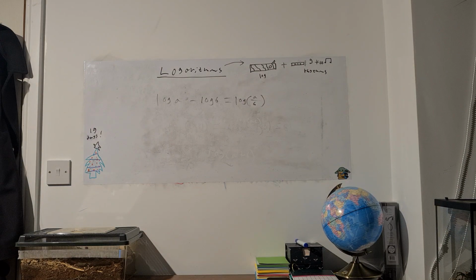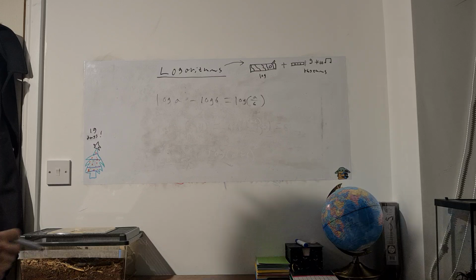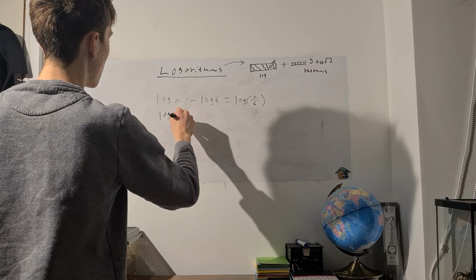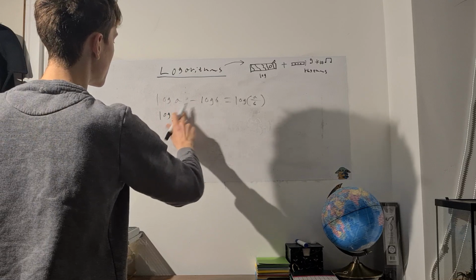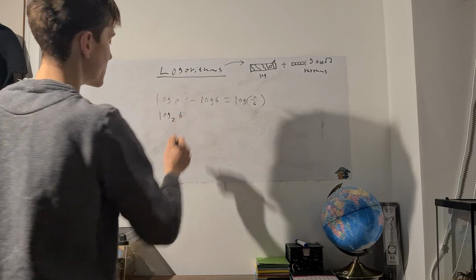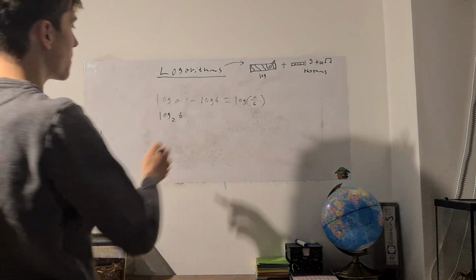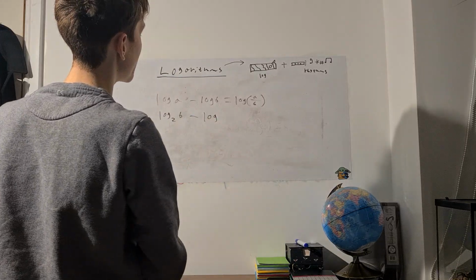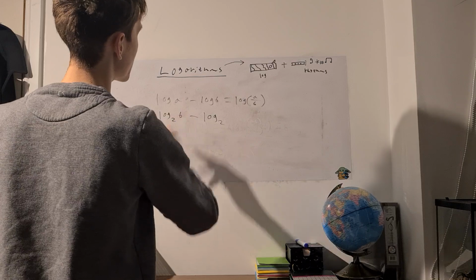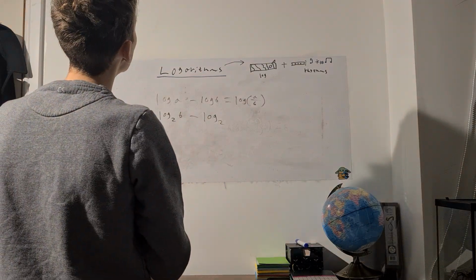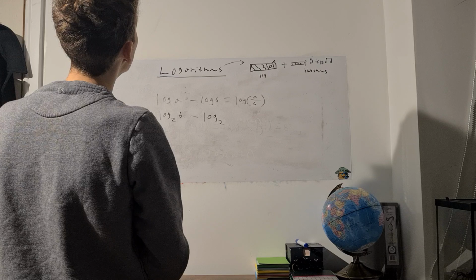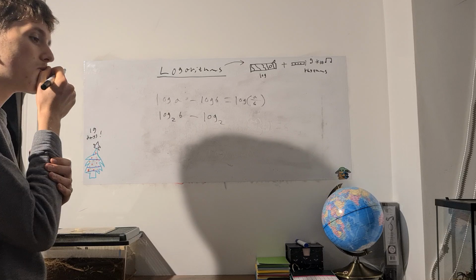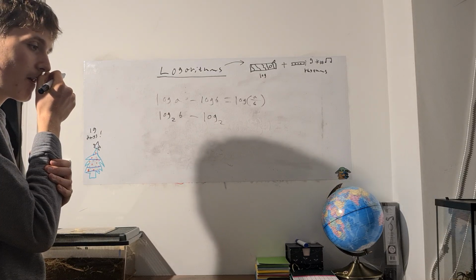Alright. Okay. So how can we use this? Well, if you have log base 2 of 4, well, we won't make it simple. We'll do log base 2 of 6. We can't just figure that out on our own. Minus log base 2 of, I can't really think of a nice number.